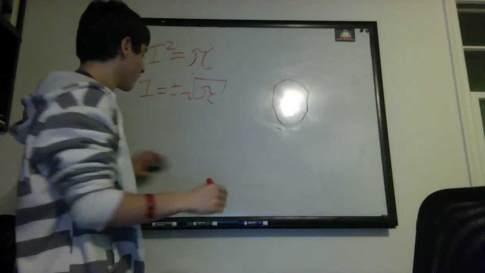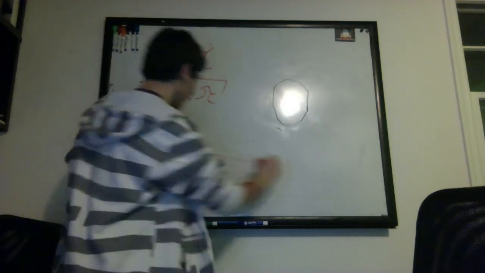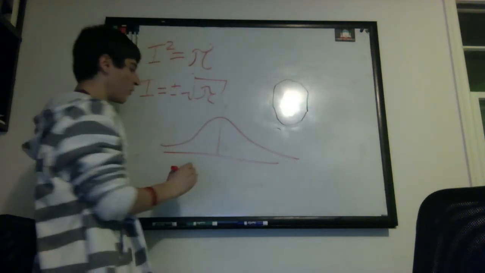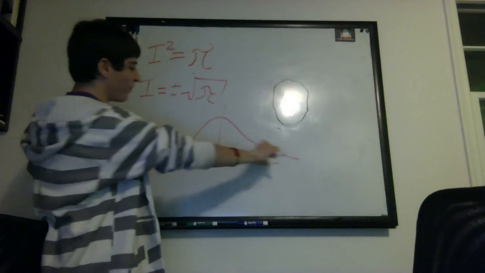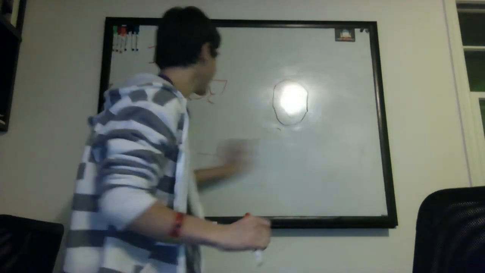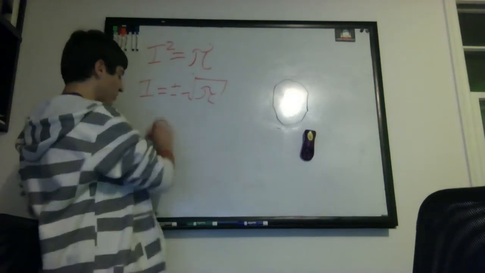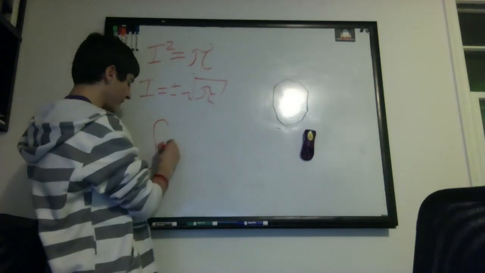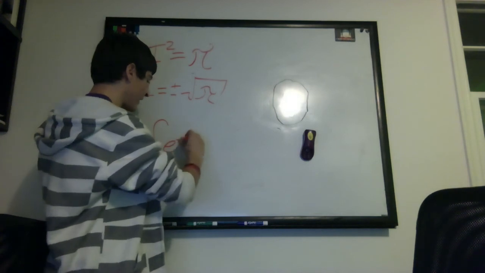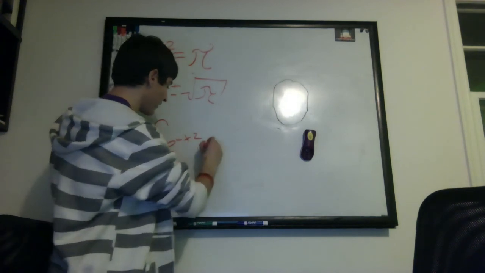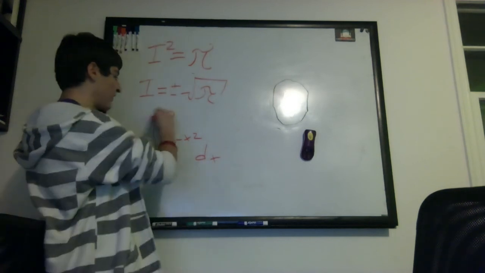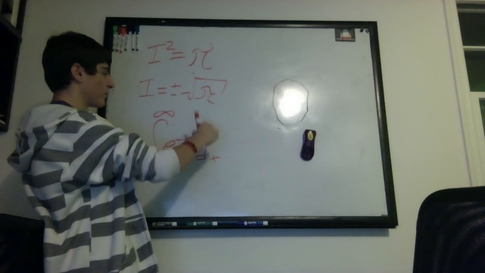So let's figure out which. First off, this is what our bell curve looks like. Our bell curve is an area above the x-axis, so obviously it's going to be positive. Another way to look at it is we were taking the integral of e to the minus x squared dx from minus infinity to infinity, and e to any power is going to be positive.